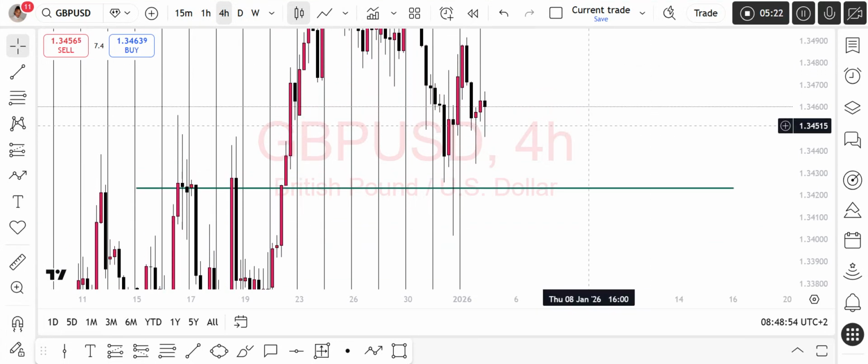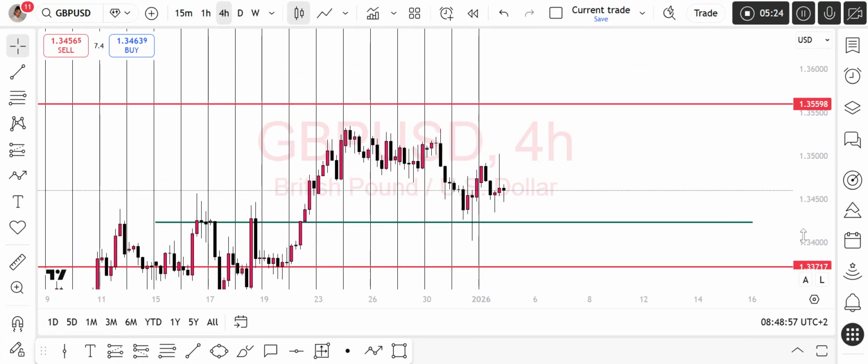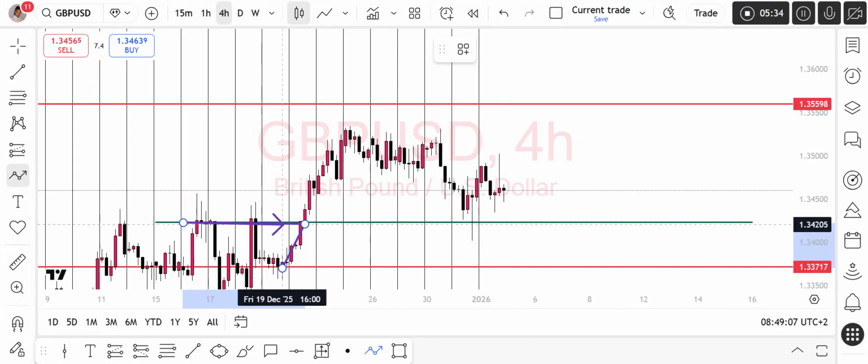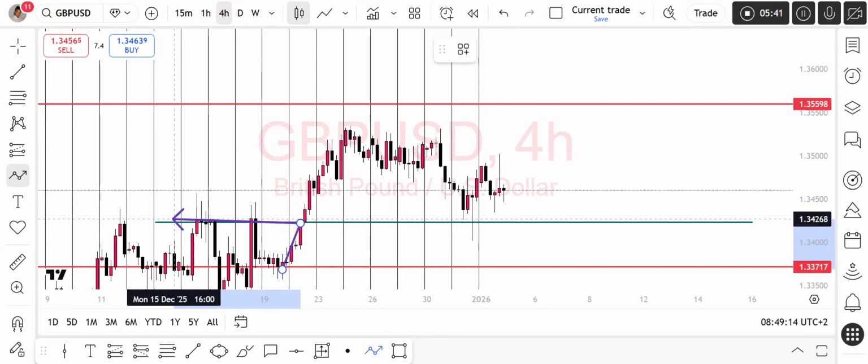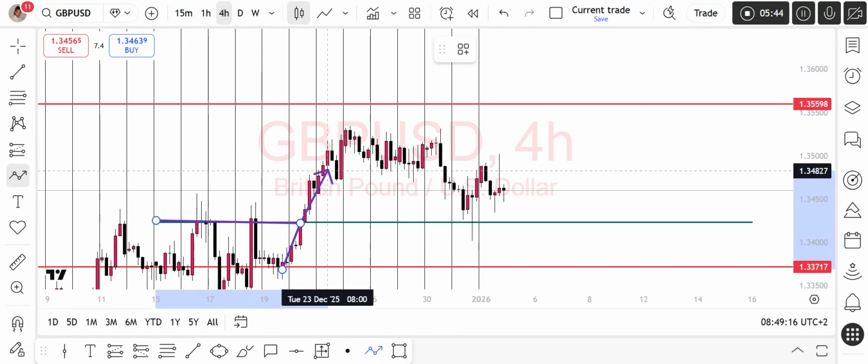Now, on the 4 hour, I like to look at the structure that the market is creating. And now when I look at the structure, right, you can see that market came up, broke this, right? Went up. Okay. Market went from there, broke this area over here, went up, right? And then from there, it started creating lower highs, higher lows, not quite sure.